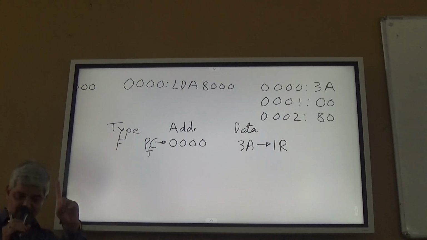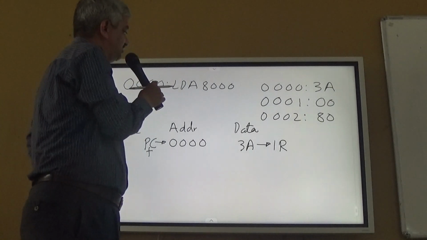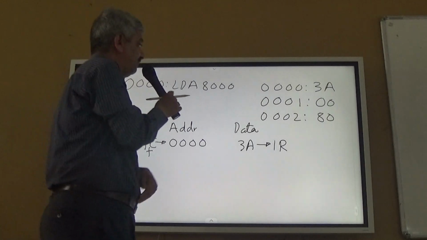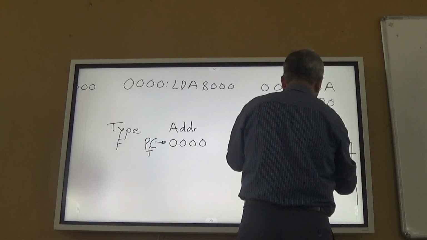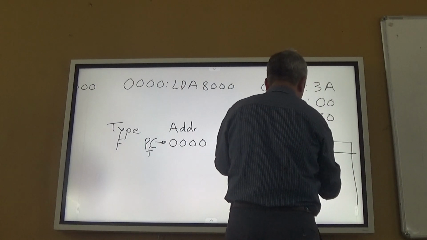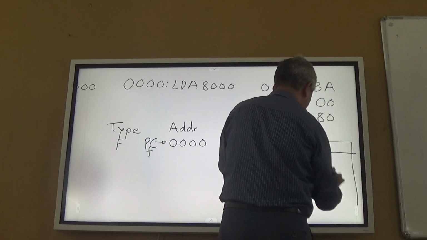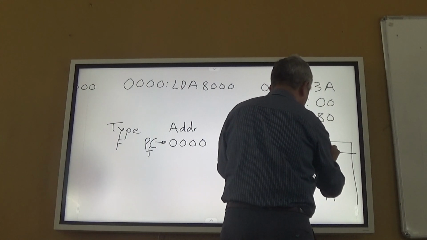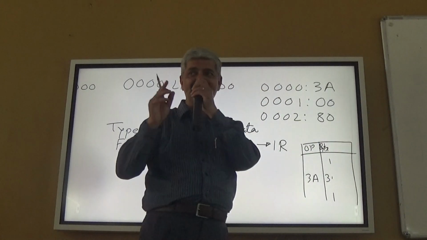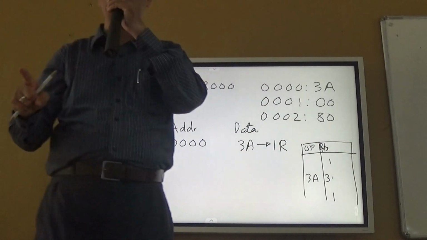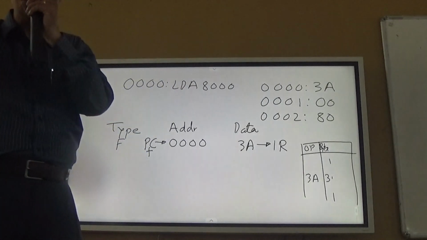So immediately when 3A goes into the instruction register, in the lookup table of code 3A, what is done first? It's a 3 byte instruction. So a 3 byte instruction means the next 2 should be read cycles.